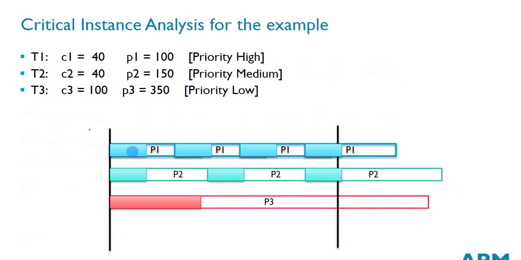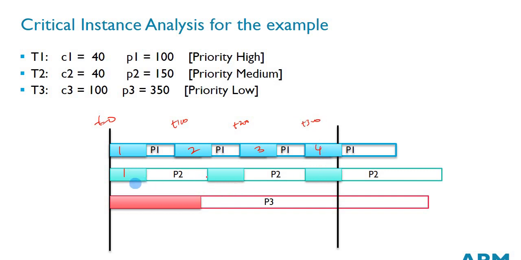At T equals 0, this is one instance. At T equals 100, I have another instance. At T equals 200, another instance. And at T equals 300, another instance.